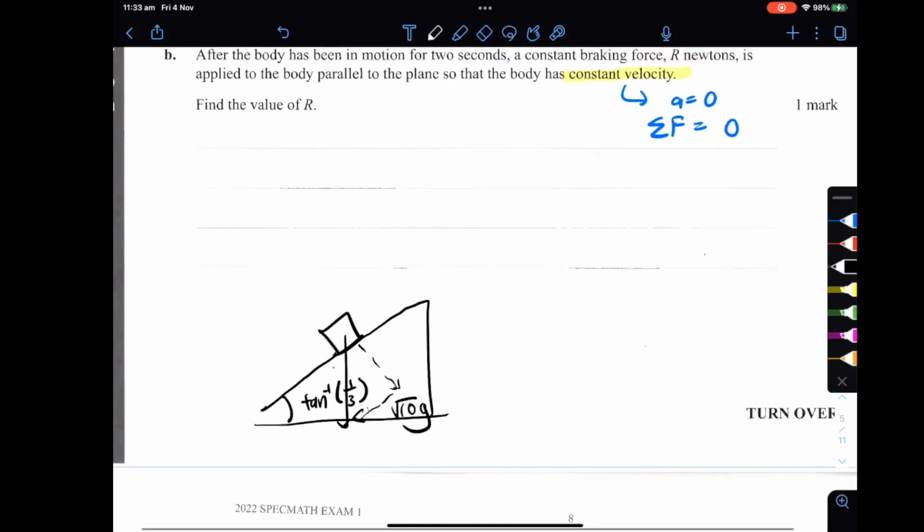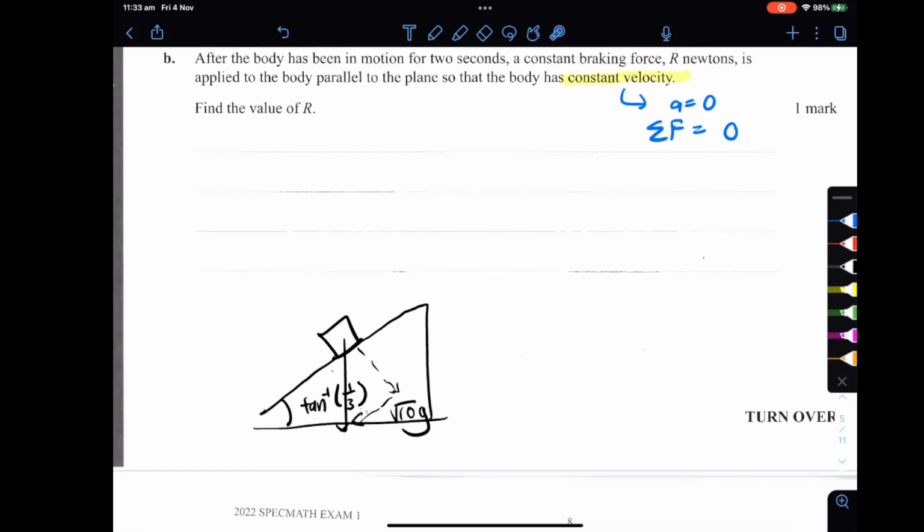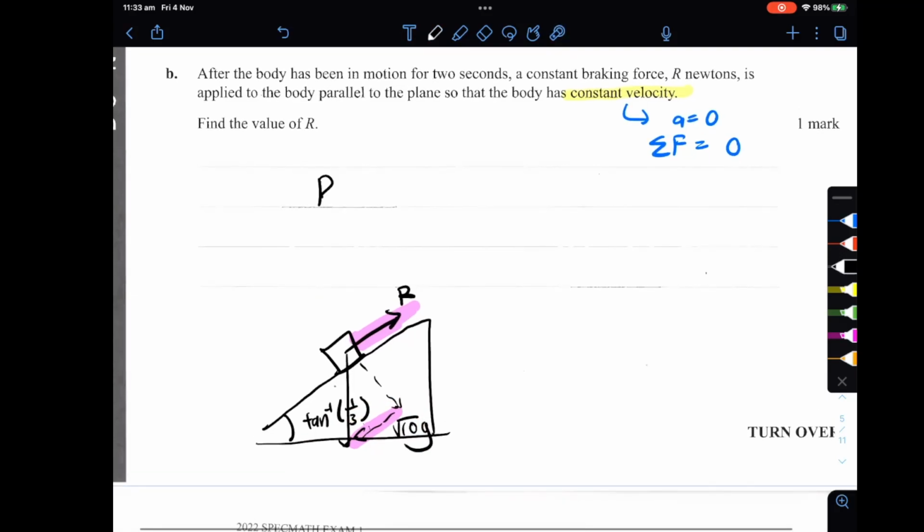And so we've only got this force going down, so we need an extra force to balance this out. So if we apply an R force, these forces have to be the same. So overall, we're going to get R is equal to root 10g newtons.